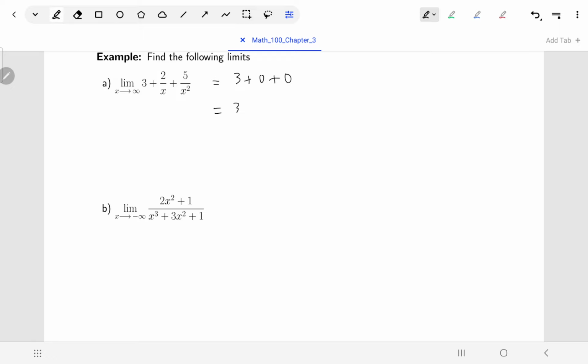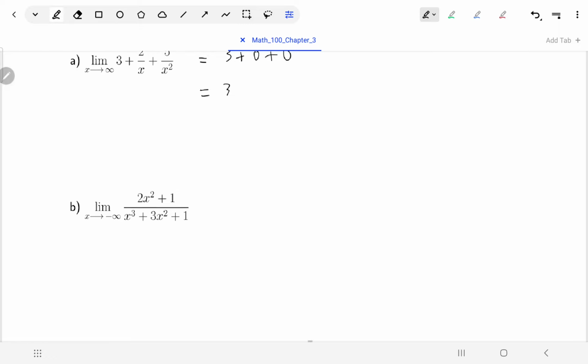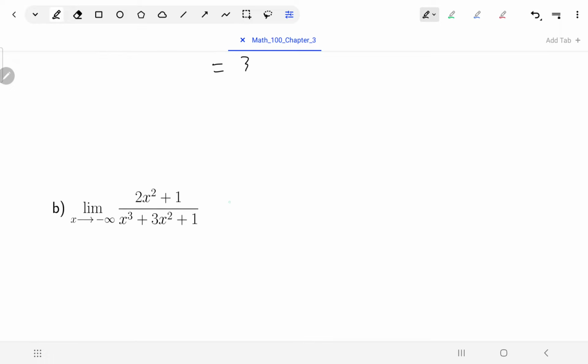So my plan here, I'm going to take this expression that I have, and I'm going to divide everybody top and bottom by my largest power of x. So here, the largest power of x that I have is x cubed, so I'll divide everybody top and bottom by x cubed.